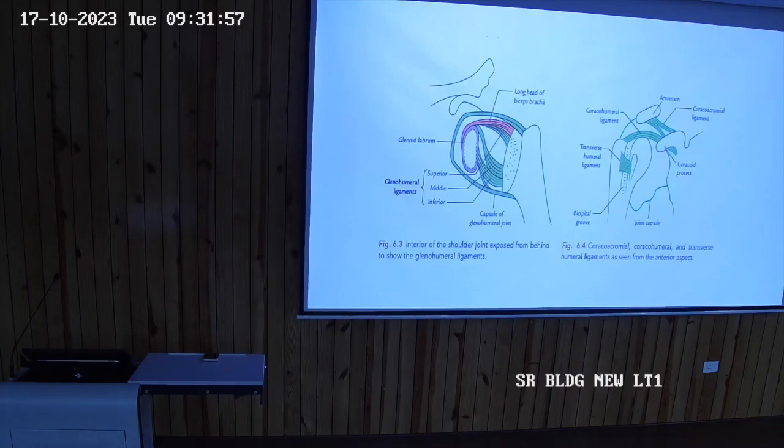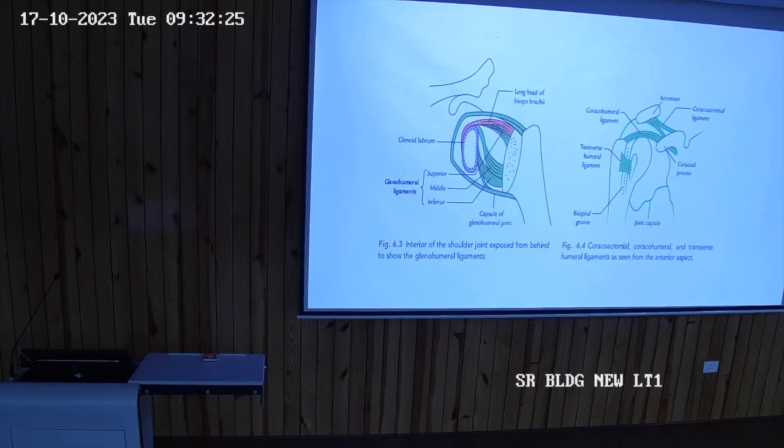So I have talked about all these ligaments. All these ligaments are complete. Besides these ligaments, there are accessory ligaments. No doubt we are not considering them as the perfect ligaments of the shoulder joint. They help during the movements of the shoulder joint, so they are named accessory ligaments.